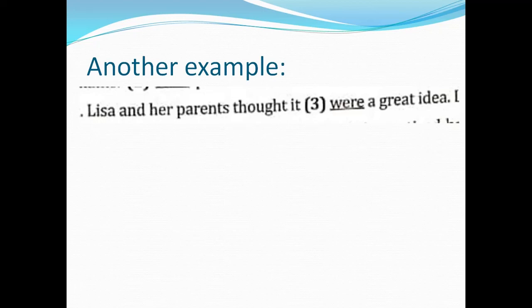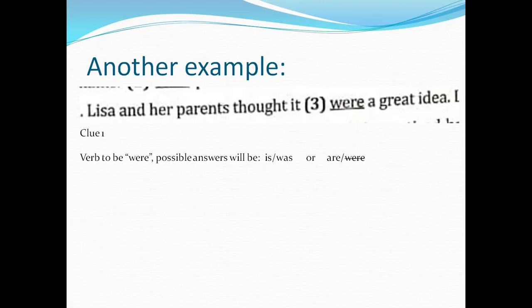Okay, next, another example. Lisa and her parents thought it were a great idea. So the subject here is Lisa and her parents. Verb to be, clue number 1: the verb to be, were.